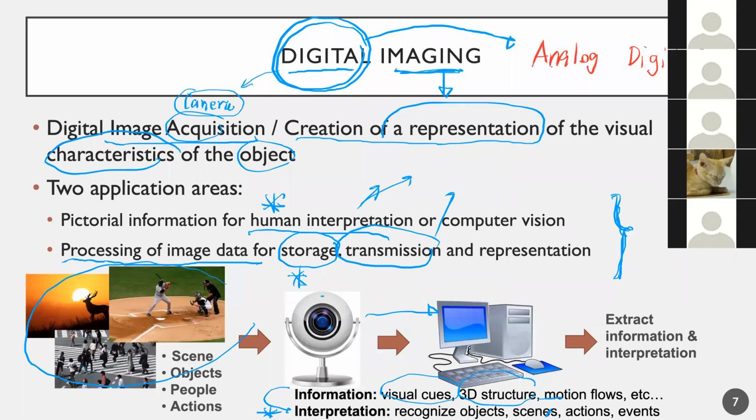So when you see a picture with your own eyes, do you think it's analog or digital? When your eyes sense the image in front of you, are they analog or digital? Some of your friends said analog. Yeah, because there are so many colors and infinite area, right? Infinite positions.